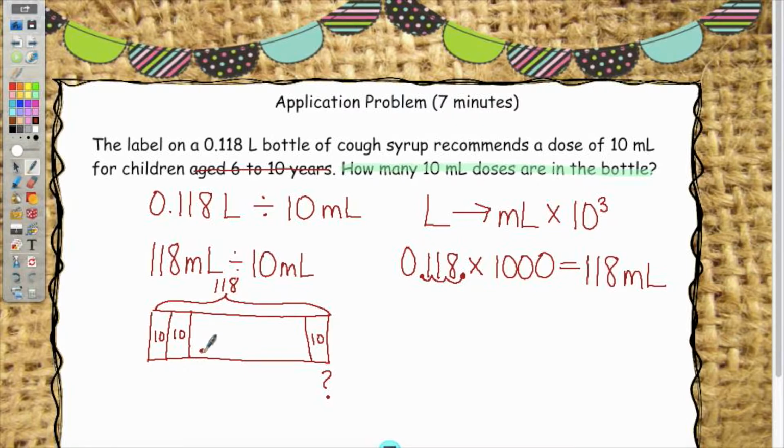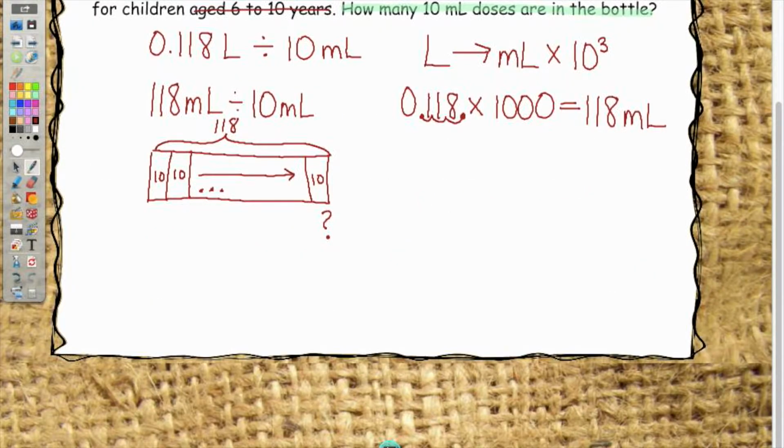So, I'm going to pull a stick. Beverly, what's 118 divided by 10? Am I going to hop the decimal? How many places? Just one. Which way when I divide? Left. Okay. So just one place to the left. 11.8 doses.